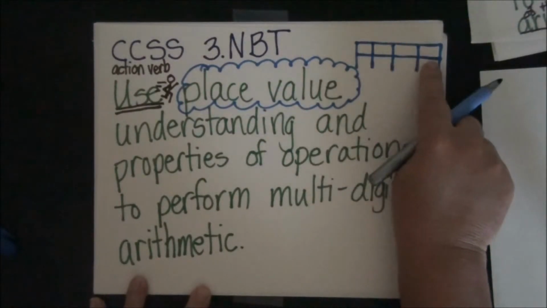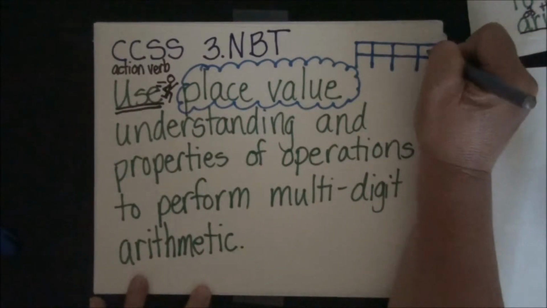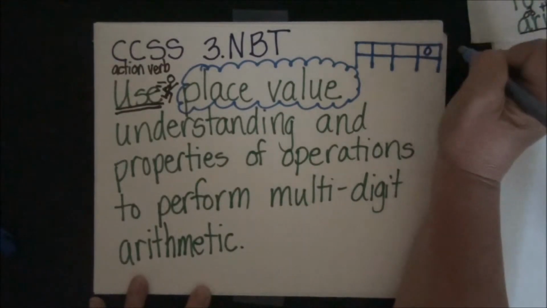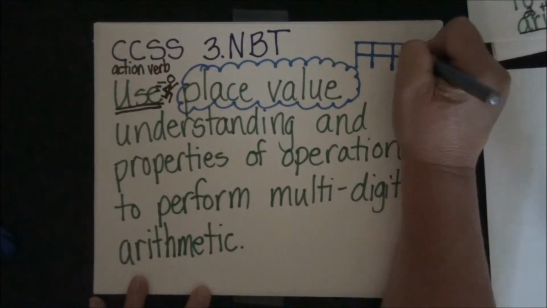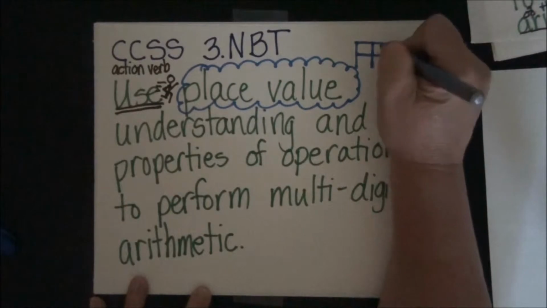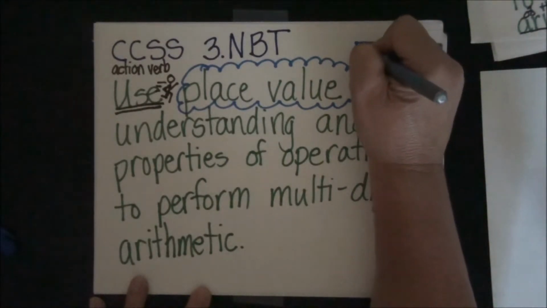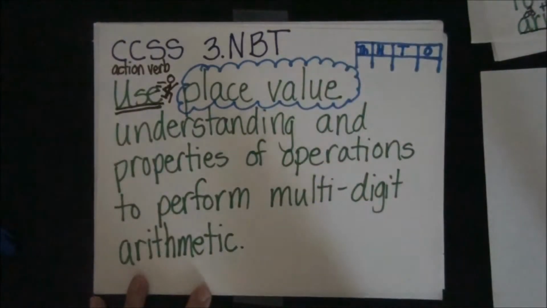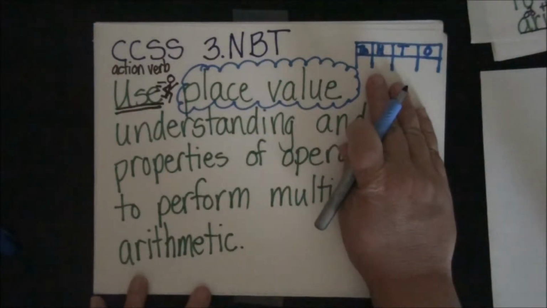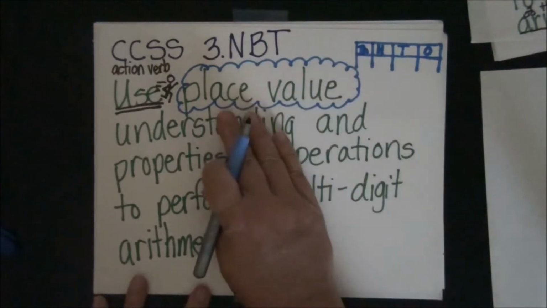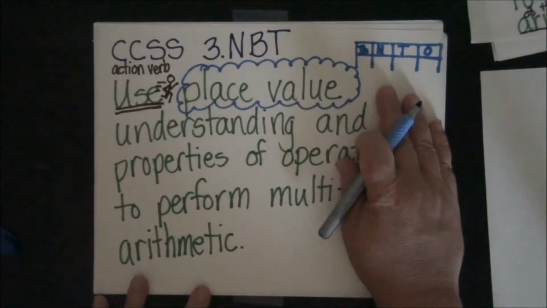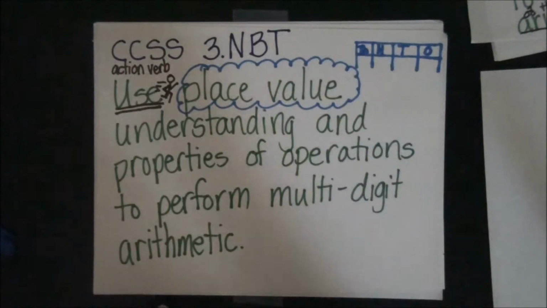We draw a line across here, and we have the ones, which is going to be represented by an O for now, the tens represented by a T, the hundreds represented by an H, and thousands represented by a TH. This is going to be our symbol for place value chart. So whenever you see place value, I want you to physically draw a place value chart before you go on.